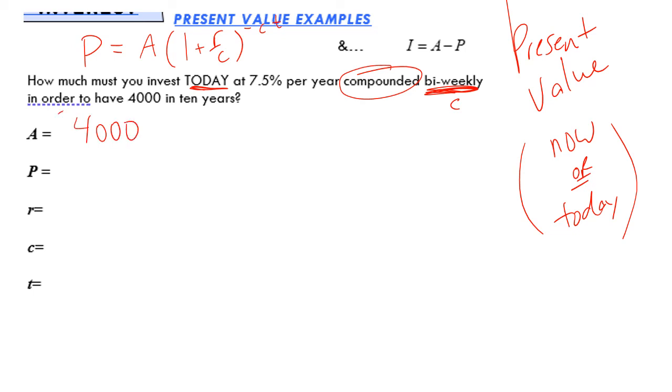That is my final amount. I'm looking for how much I need today. How much do I have to invest right now? My R value, 7.5%, but don't forget, divide that by 100, 0.075. My C value, biweekly. What number is biweekly? 26, right? Every other week. Time, it said 10 years.